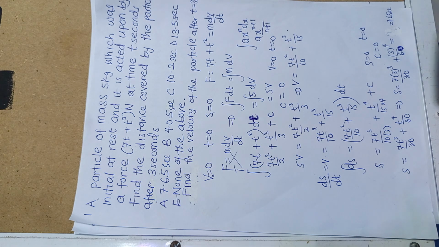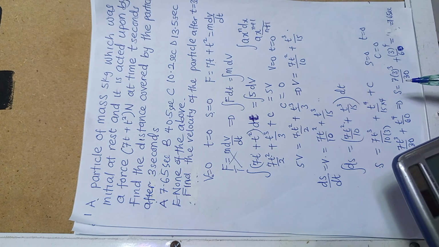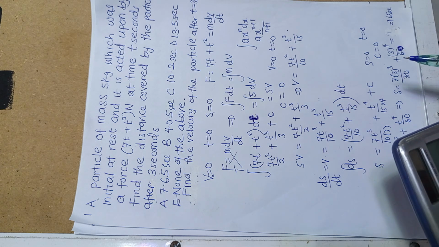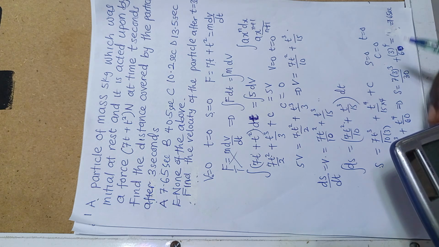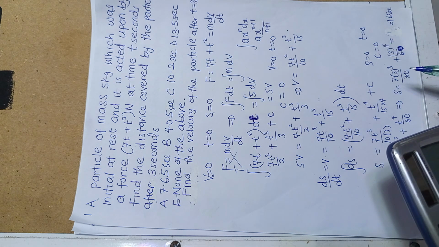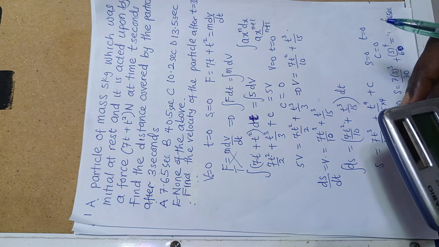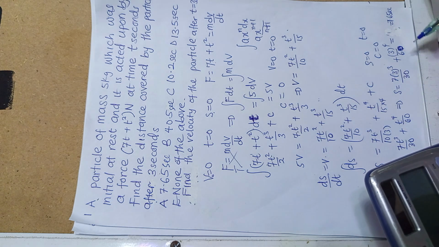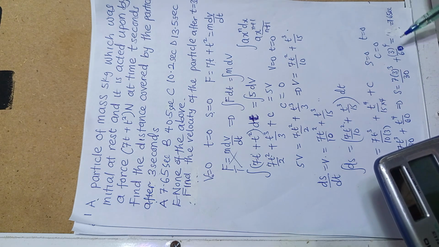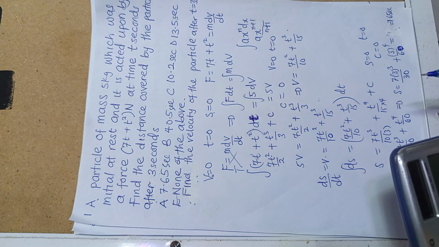7.6 what? You can do it by yourself. This is what? 27. 7 times 27 times 27, then divide by 30. Now plus 81, because 3 times 3 is 9, times 3 is 27, times 3 is 81, divided by 60.